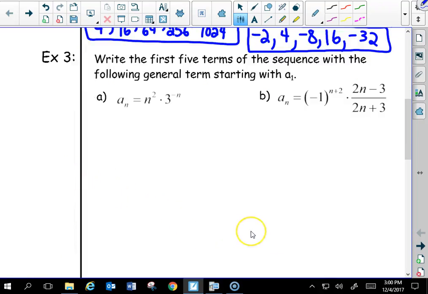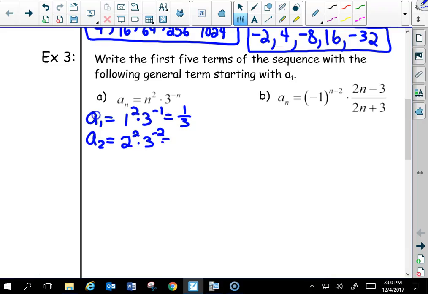All right, really the same idea, just a little more complicated examples. Just plugging in, we get 1 squared times 3 to the negative 1. 1 squared is 1, the 3 will go to the denominator, so I get 1/3. So 2 gets squared times 3 to the negative 2. That gives me 4 over 3 squared, 4/9.